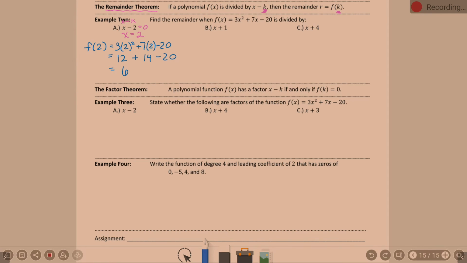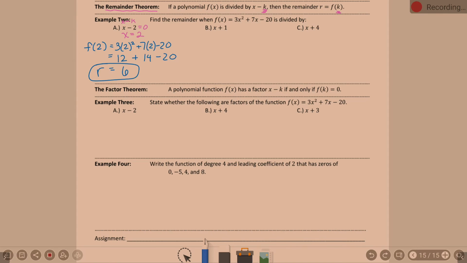I got 6 when I did my math. 2 squared is 4, times 3 is 12, plus 7 times 2, so 12 plus 14 minus 20, I got 6. Guess what? If you were to divide those using long division, you'd get a remainder of 6. Okay, so I'm not letting you down. I told you it was easy, yes?